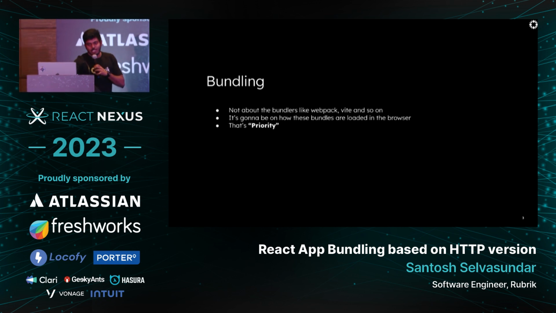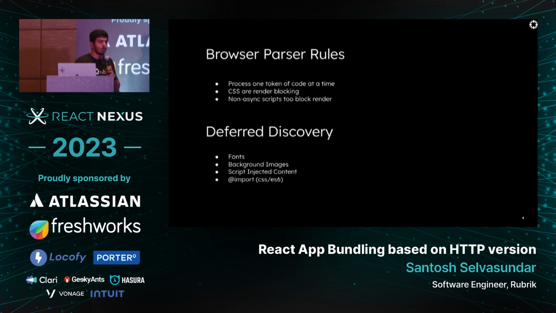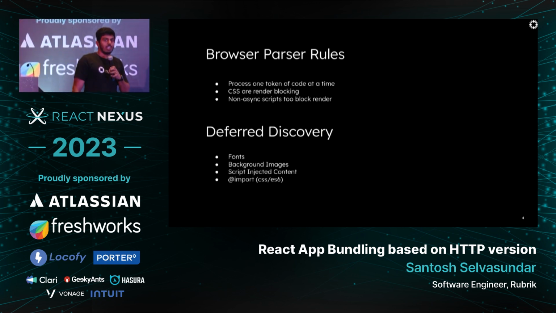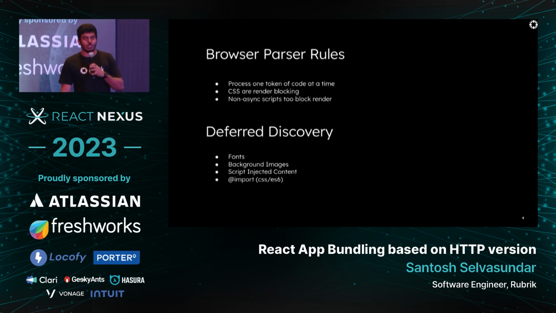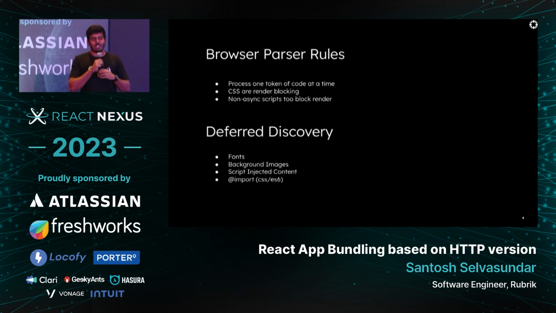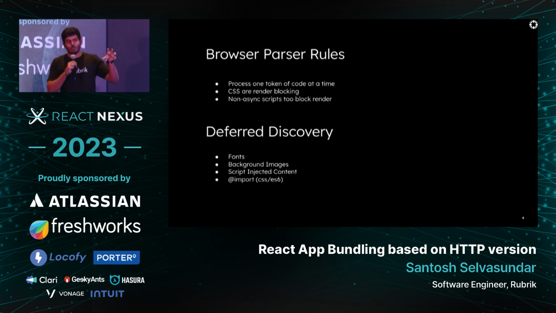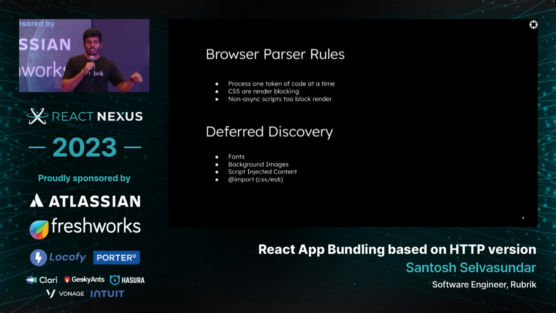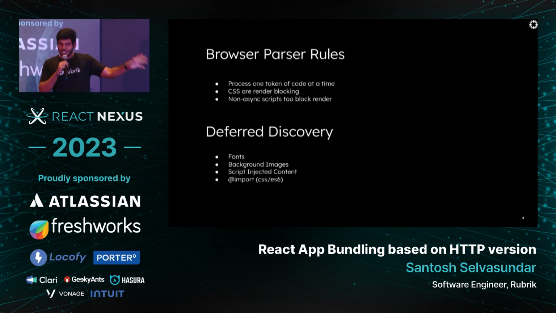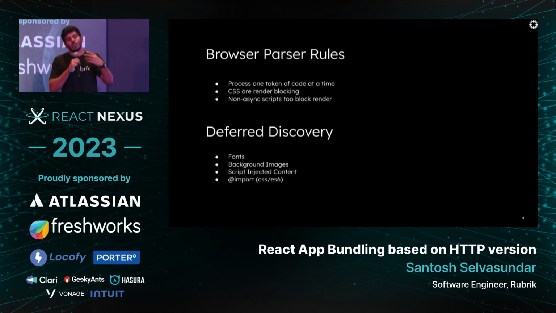So let's get started. The browser is a very simple software, and it has very simple parse rules. I take one token at a time and parse it, whether it is CSS, HTML, or JavaScript.